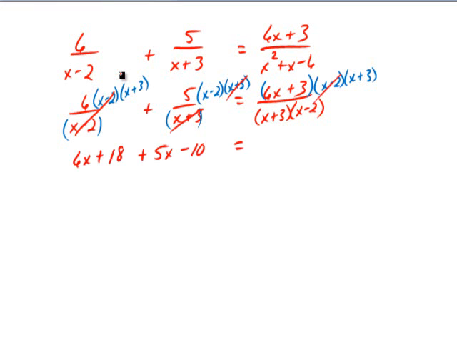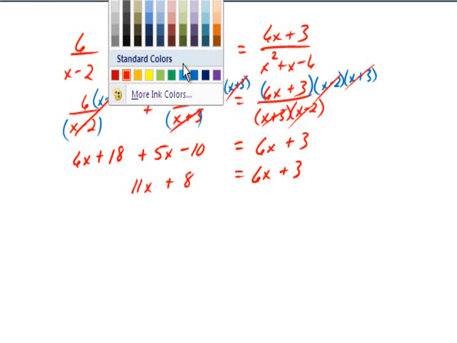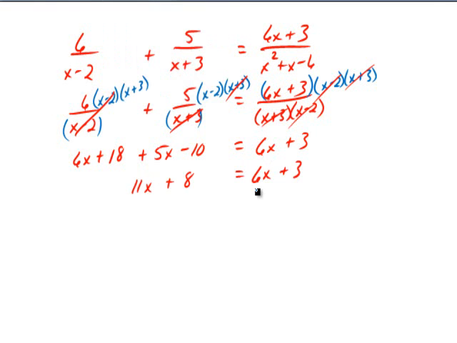And on the other side, the x minus 2's cancel. The x plus 3's cancel. I'm left with 6x plus 3. If I simplify the left-hand side, I have 11x plus 8 equals 6x plus 3. I can subtract 6x from both sides.